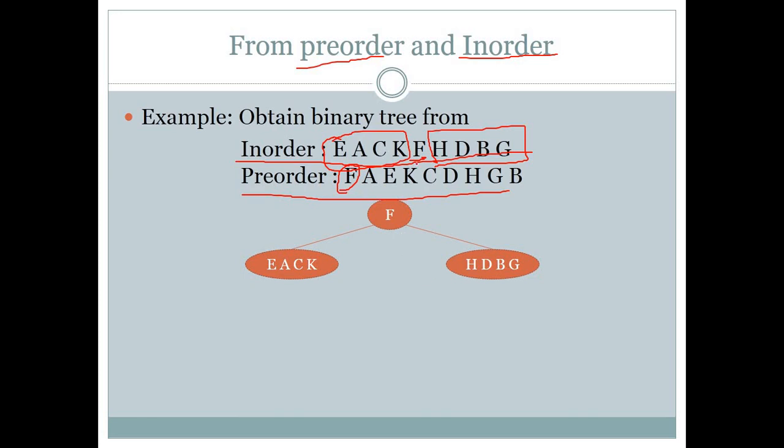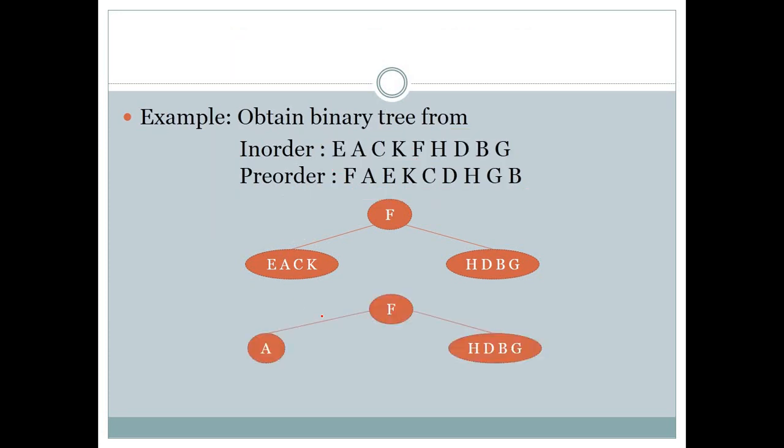After it, if we check EACK, in pre-order A is in first priority, so A will become the root node of EACK.